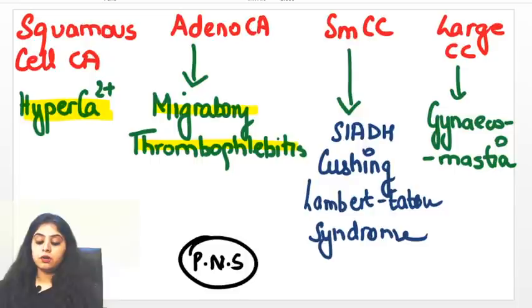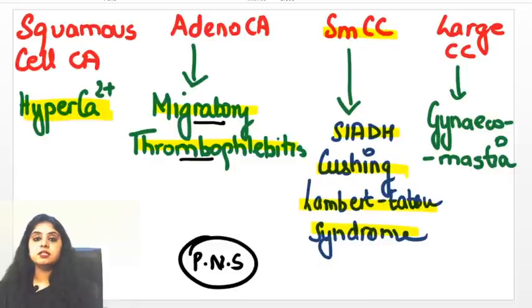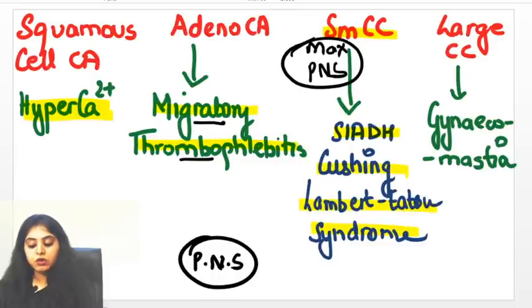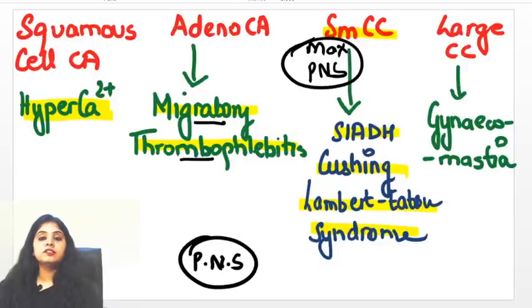It is migratory thrombophlebitis, Trousseau's phenomena. Small cell carcinoma is SIADH, Cushing's and Lambert-Eaton. So can I say which is the cancer associated with maximum paraneoplastic syndromes? Small cell carcinoma. And for large cell carcinoma it's just one, gynecomastia.